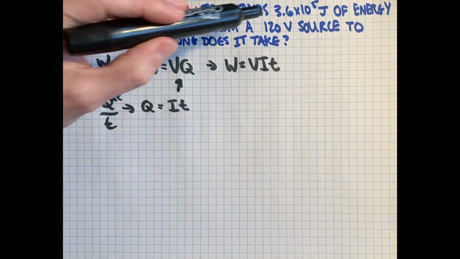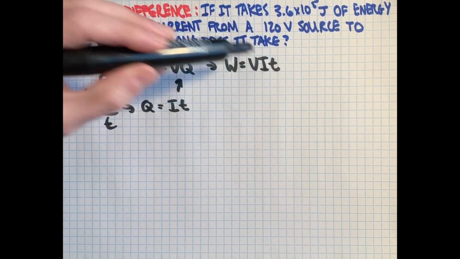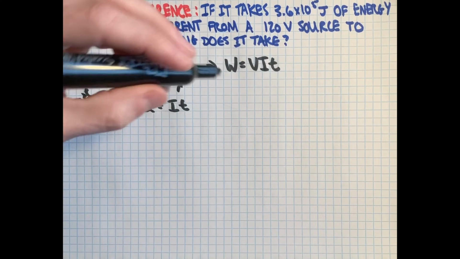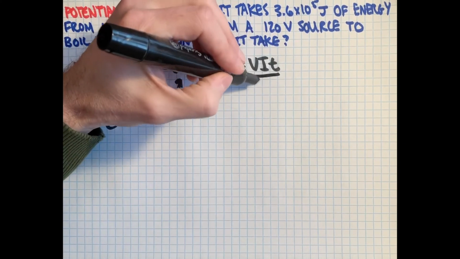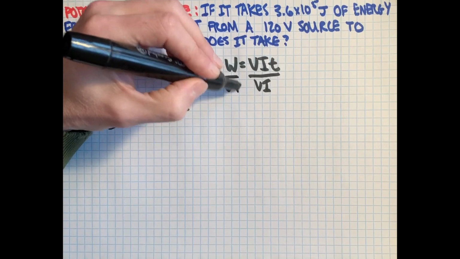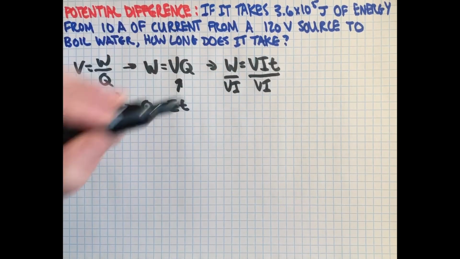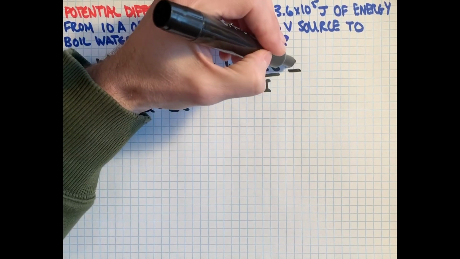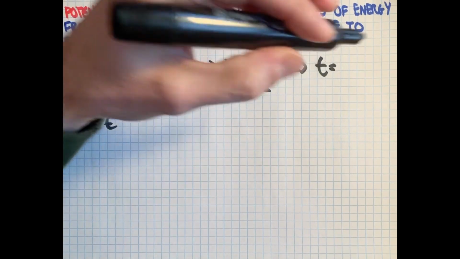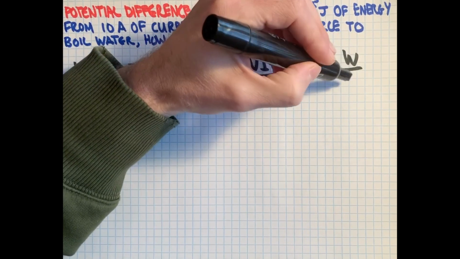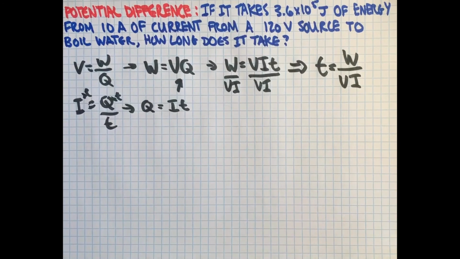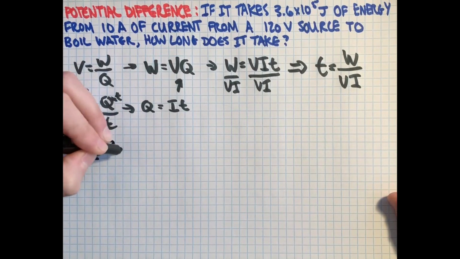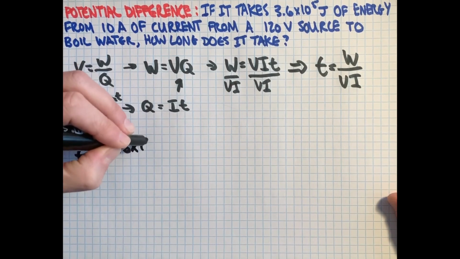And since we have the work, the voltage, and the current, we can rearrange this for time by dividing out V times I, not V over I. And we get a nice equation for time here where it is the work divided by the voltage times the current.